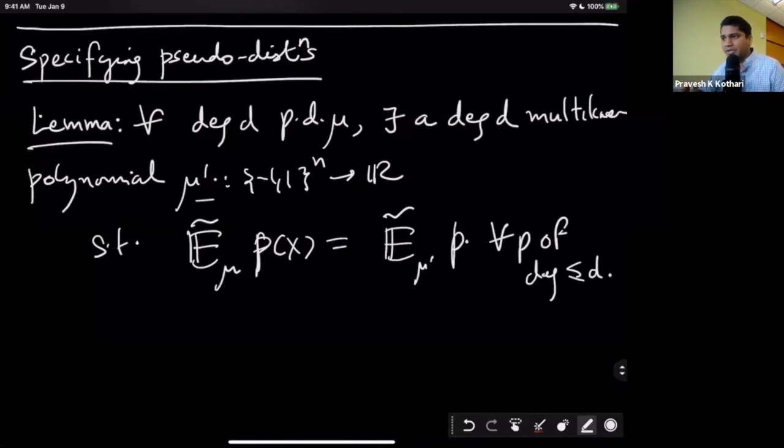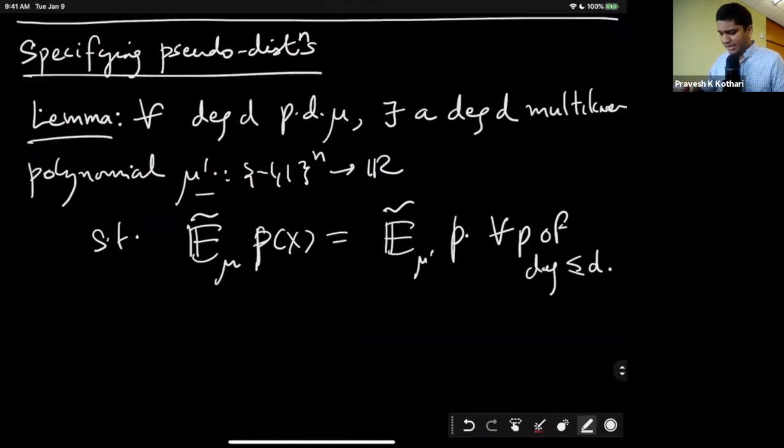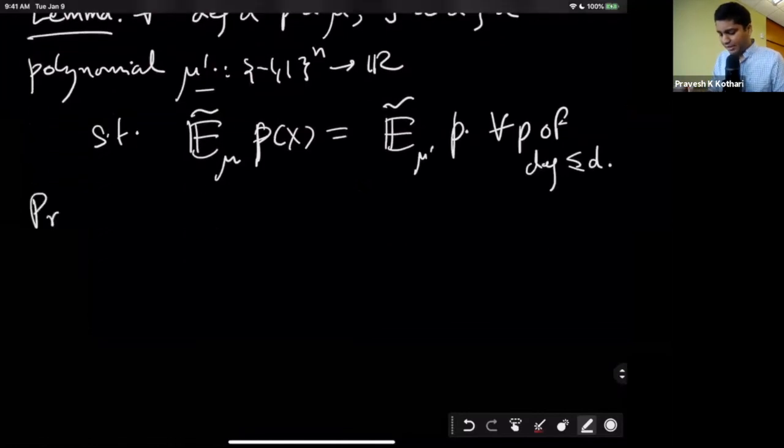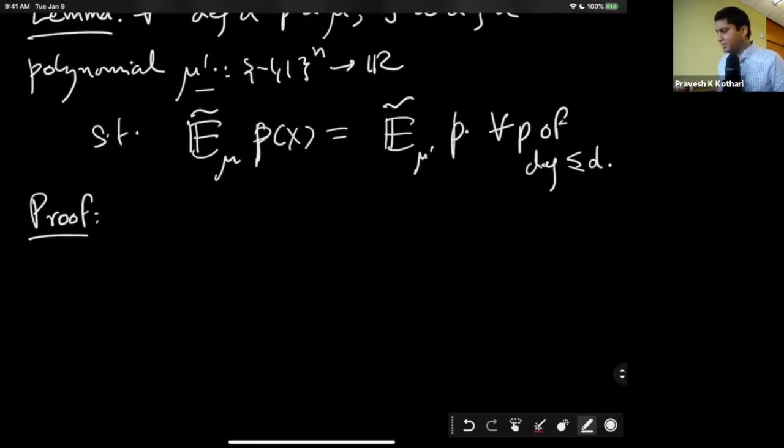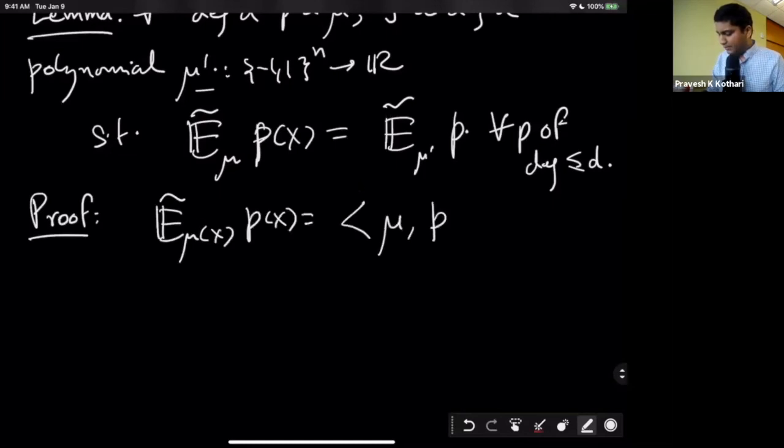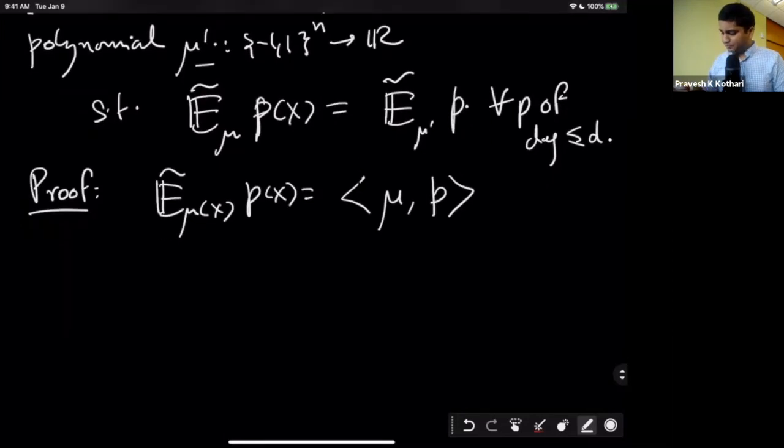for this object. This theorem has a very simple proof, and like all the proofs in today's lecture, this is going to be basically linear algebra. Remember that the expectation of p under mu is just the inner product of these 2 to the n vector representations of these two functions. Now we do some basic Fourier analysis.